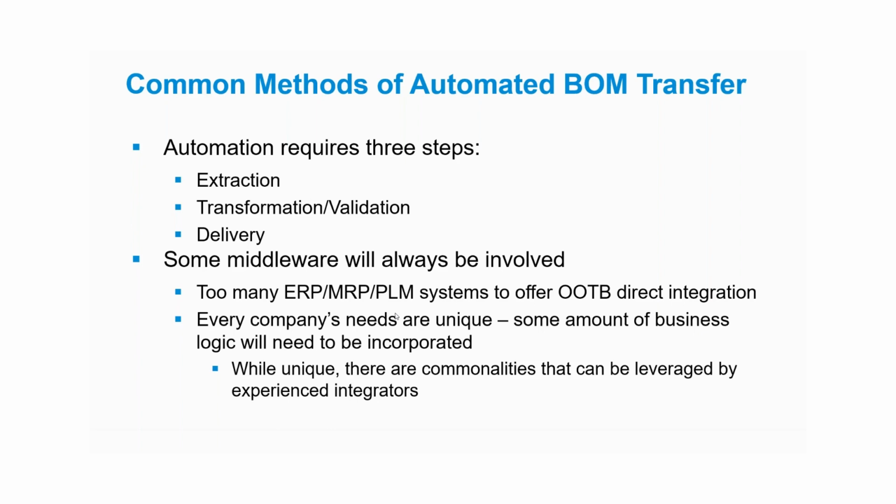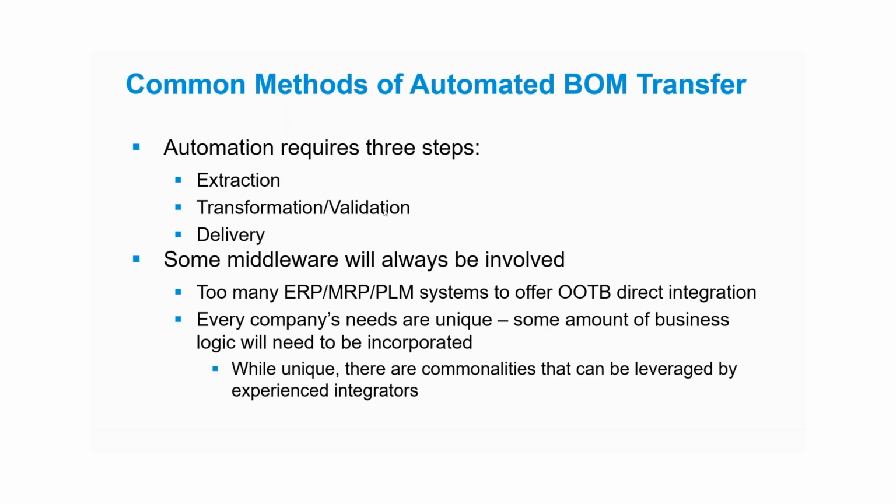Everyone uses different properties, metadata associated with their parts. They have different part numbering schemes. They have different needs when they want to validate their data, different rule sets, right? So this middleware has typically some level of business logic built in this transformation and validation step, right?